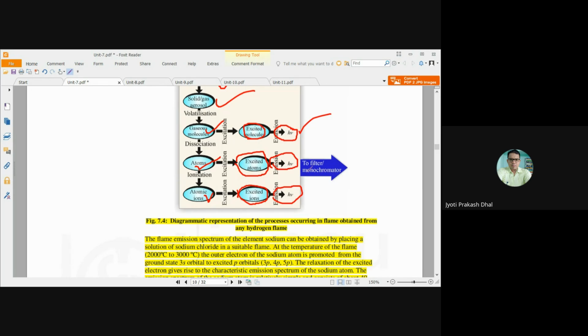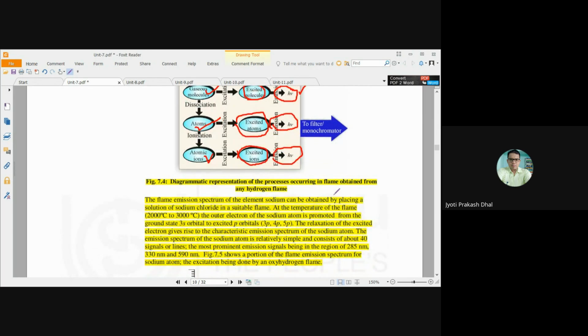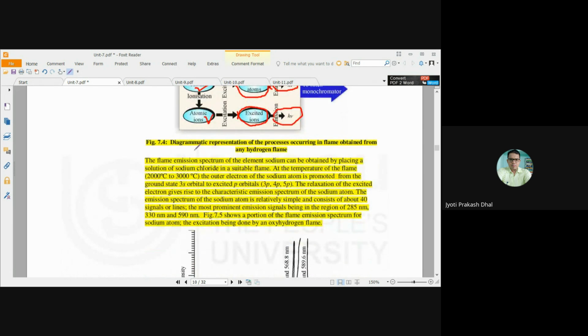All this emitted light will pass through the filter or monochromator, so that we can measure the required wavelength of light emitted by the species. And this is the diagrammatic representation of the process occurring in the flame obtained from any hydrogen flame.